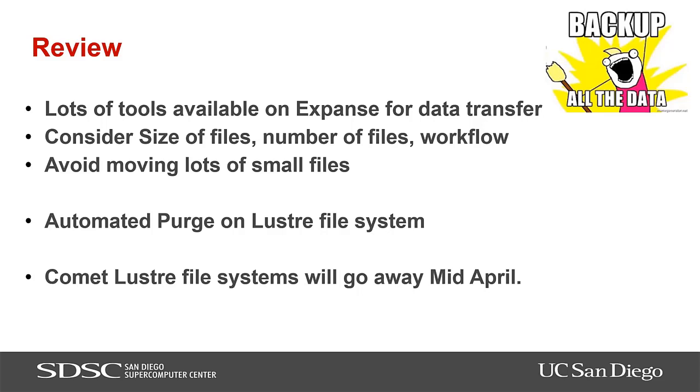Something else I should mention that's a difference between Comet and all the resources before it and Expanse is that Comet had the same home directory and actually loaded the file systems from previous systems. We aren't doing that with Expanse. So anything in your home directory that was on Comet, if you want it on Expanse, you're going to need to copy it over.